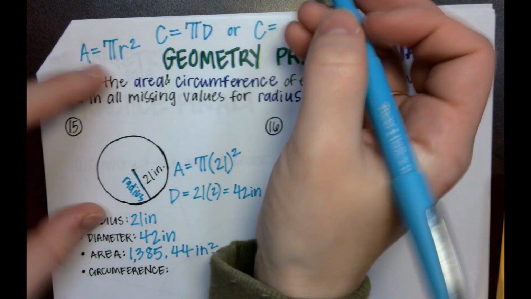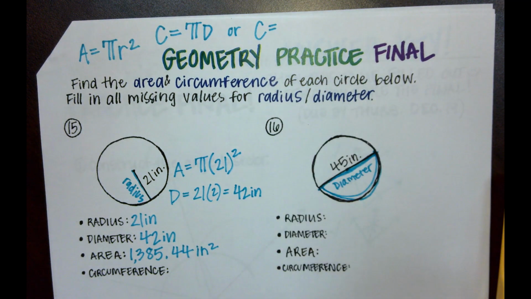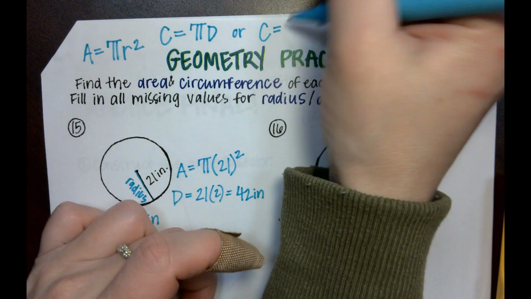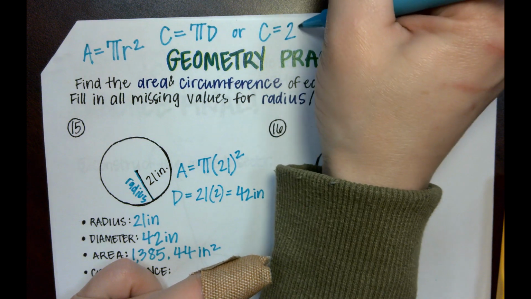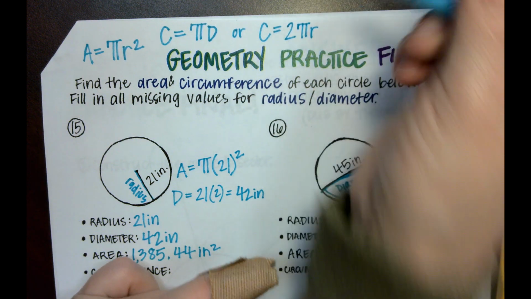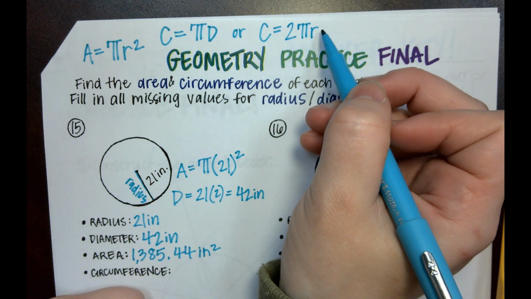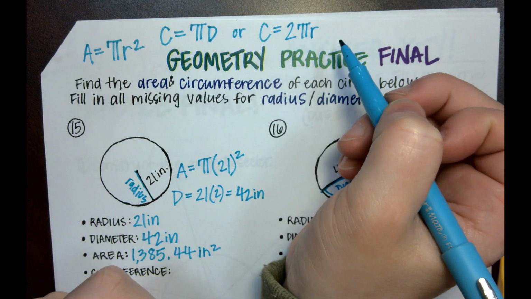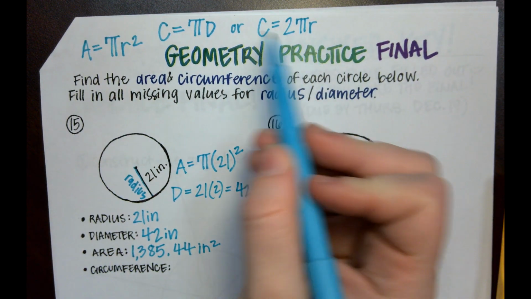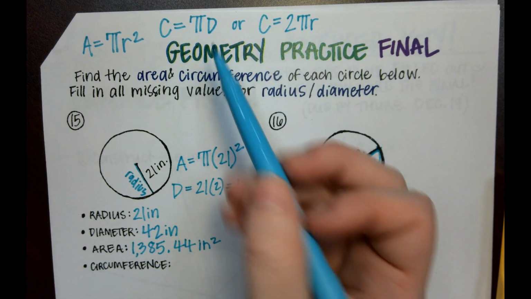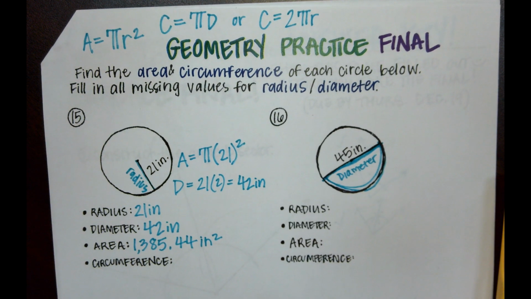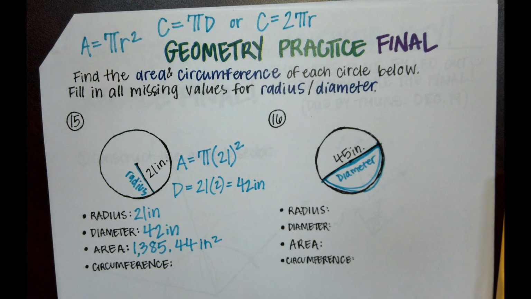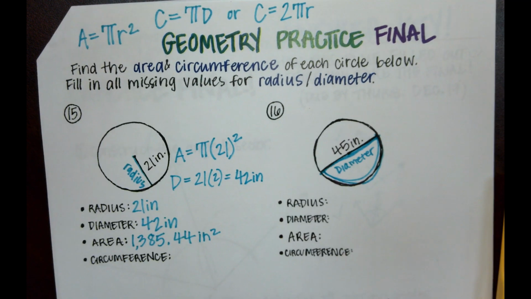So it'll be radius times 2 times pi, same thing as pi times diameter, which normally we write as 2 pi r, just so that we don't accidentally make our 2 too small and square it. But since we solved for diameter, we could just do pi times diameter. Either one will get us the same.